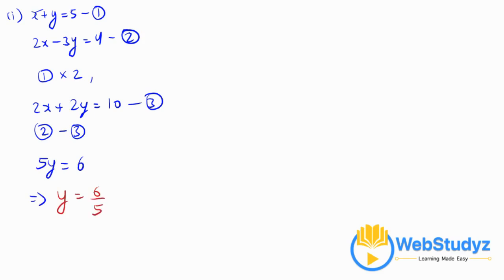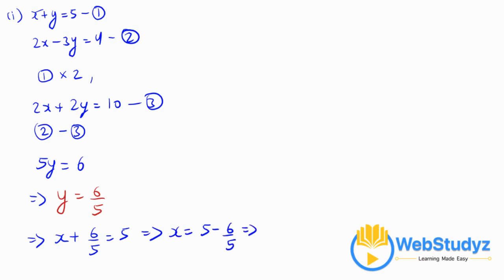If we put the value of y into the first equation, we get x plus 6 by 5 is equals to 5. That means we can calculate the value of x. x will be 5 minus 6 by 5.